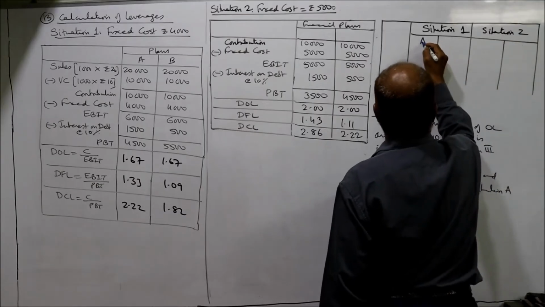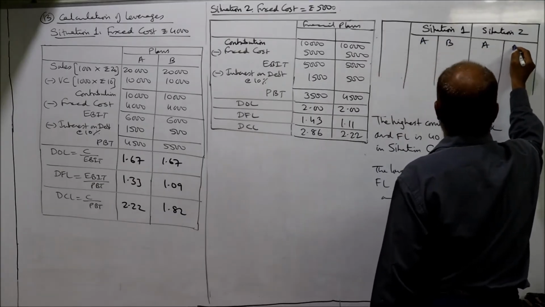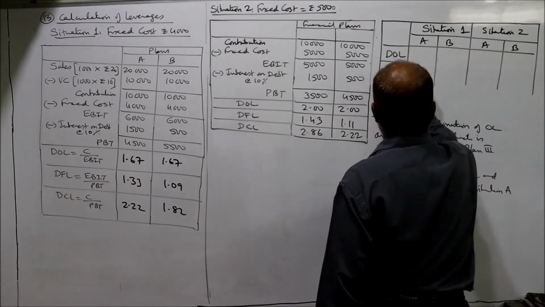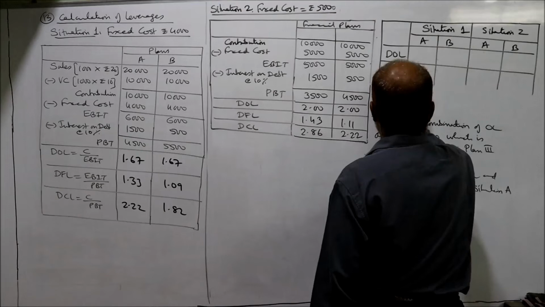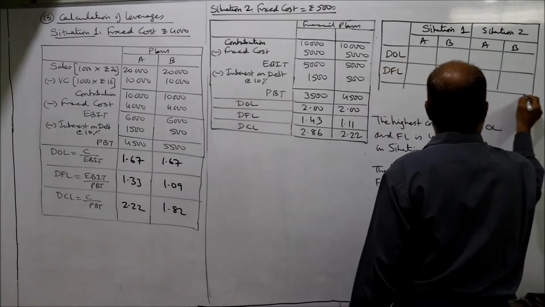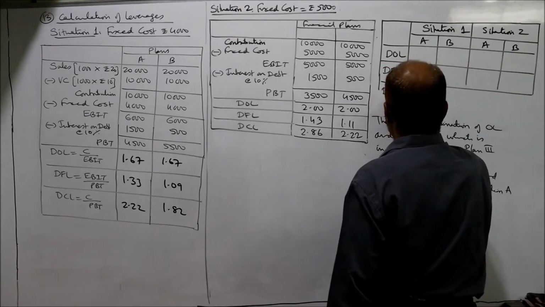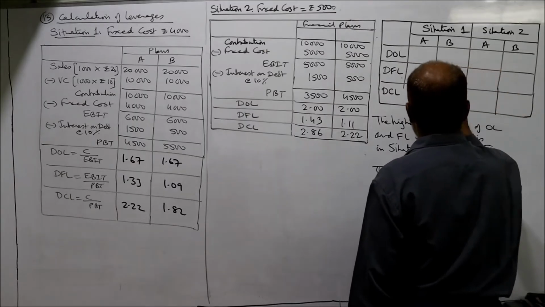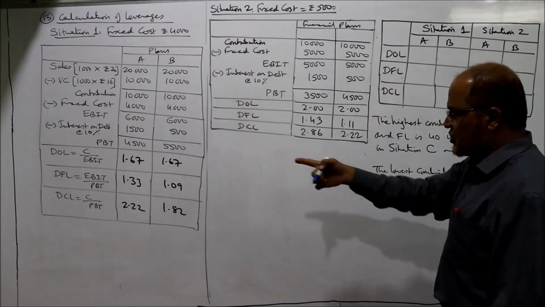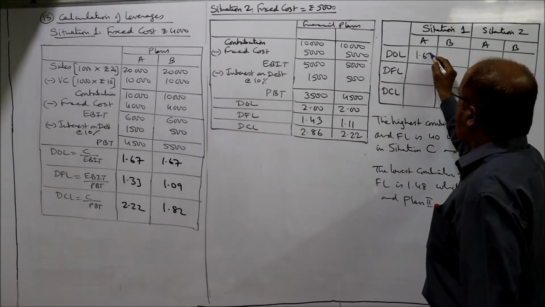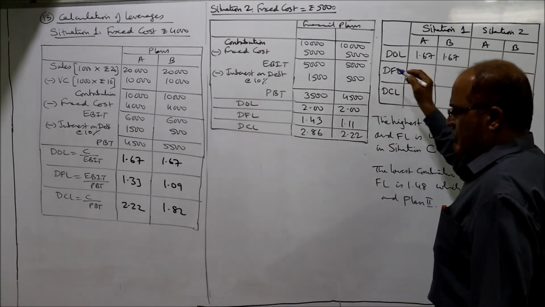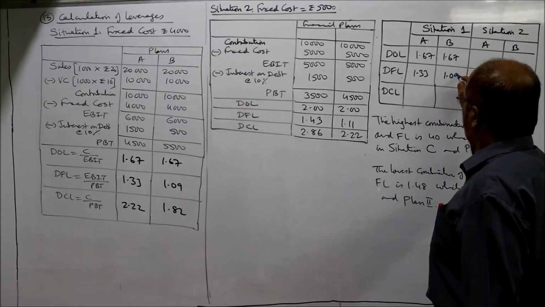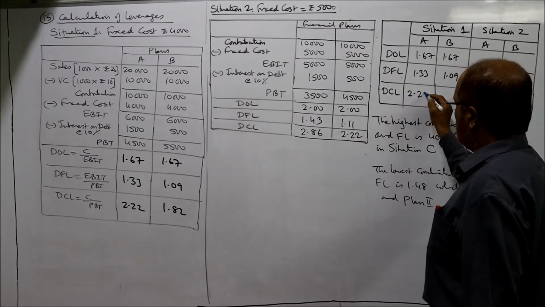Plan A and plan B. Now, situation 1: 1.67, then 1.33, 1.09, 2.22.